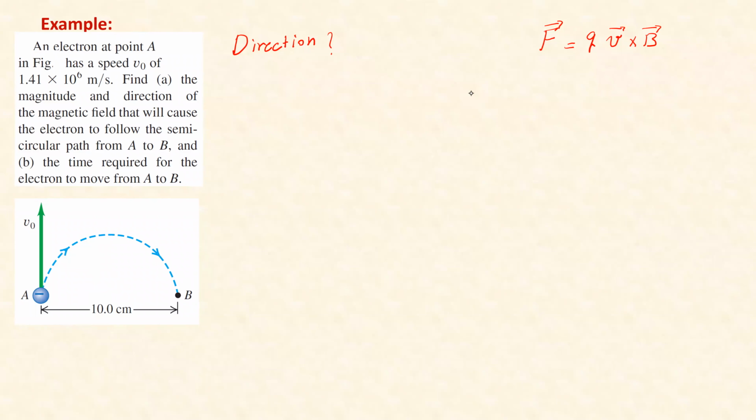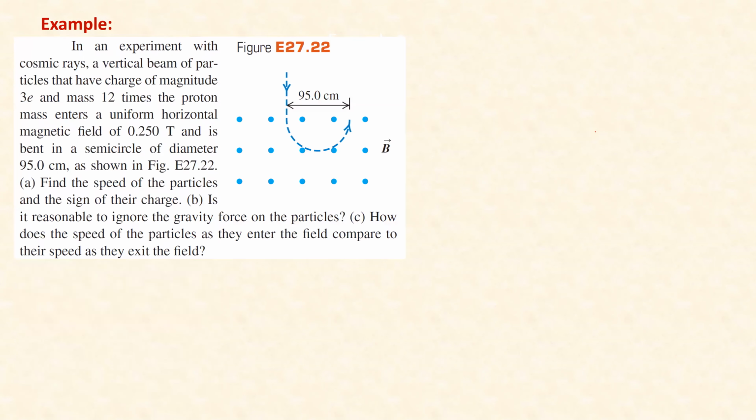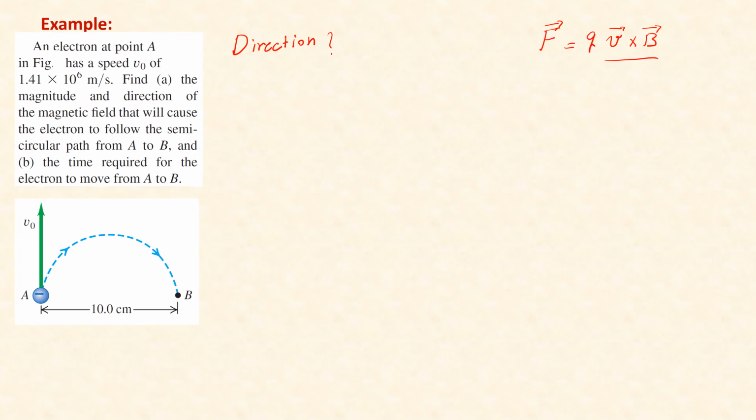So we are trying to find the direction of the B field that causes the electron to go on this circle. Remember, we said that the cross product is perpendicular to both v and B. So F is perpendicular to v, and B is also perpendicular to both F and v.